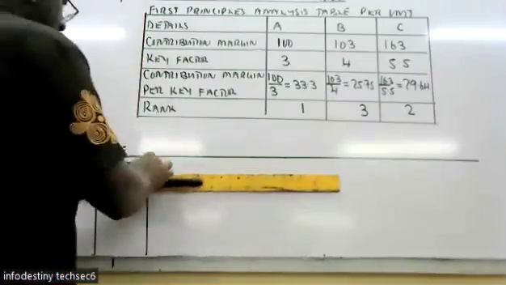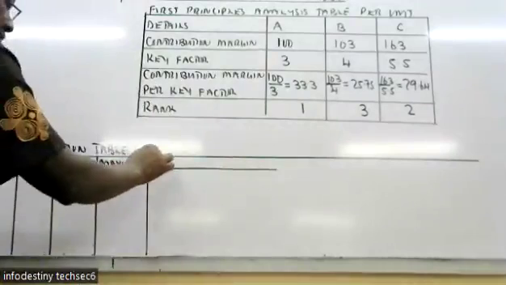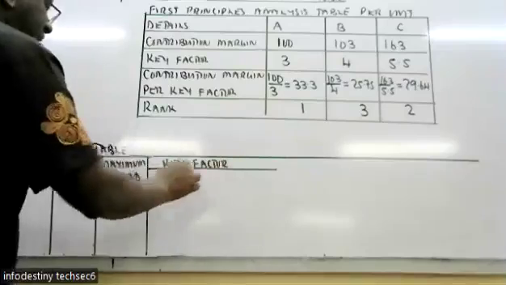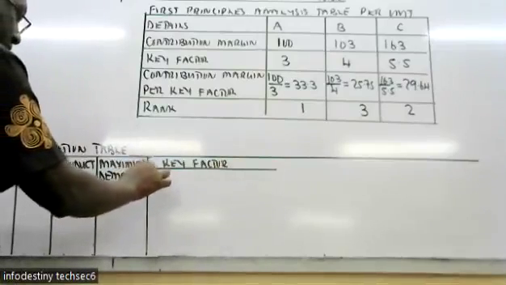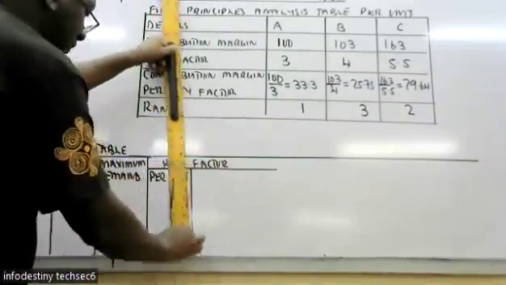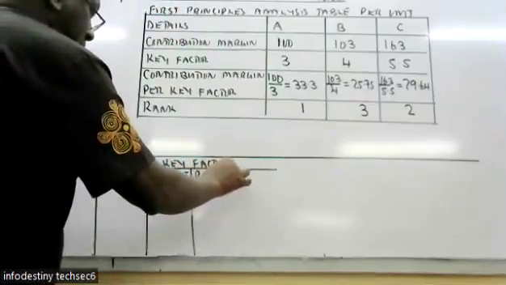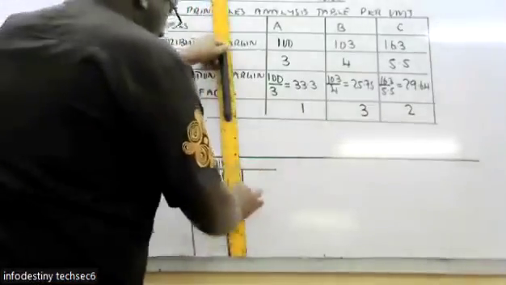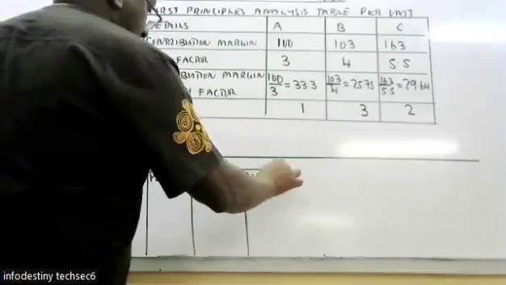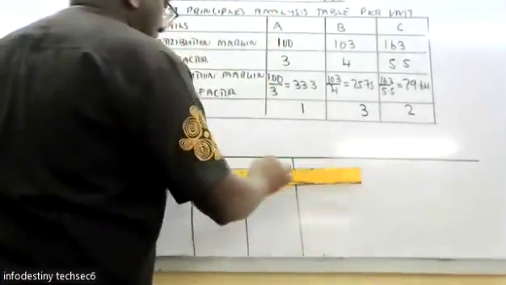The next column, we have the key factor per unit. We have required, and we have available. Those are the 3 things under the key factor.